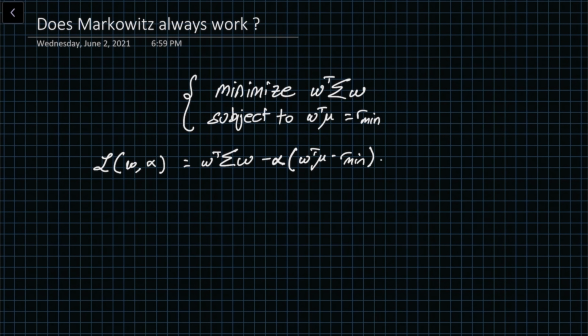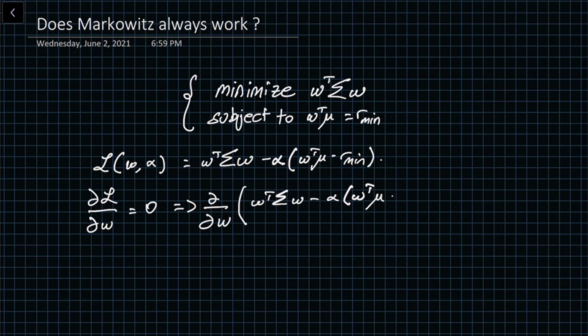Now setting the derivative with respect to W to 0, what we're going to get is the following. So we're going to differentiate the Lagrangian as such. The derivative of the first term, since sigma is symmetric, gives 2 sigma W. Let's put a plus and absorb the minus inside.